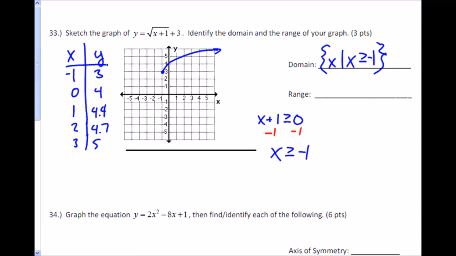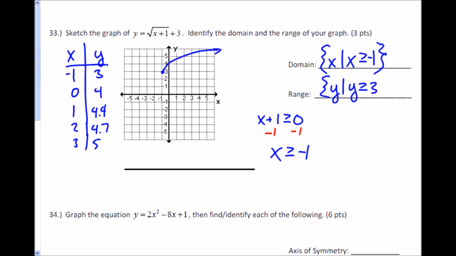So now I'm going to take my horizontal line and run it up and down. Notice it's touching everywhere up here, but it's not touching down here. So in other words, my y values start at 3 and go up from there. So my range is y such that y is greater than or equal to the positive 3. And that's it. That's my range.